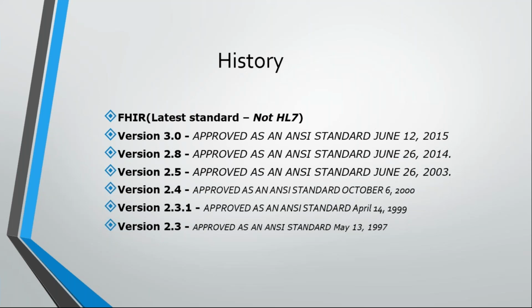You'll see that 90% of the interface implementations are part of 2.x, which is 2.3 or 2.5 or something. But with respect to 3, you will see very, very few implementations. Only a handful of implementations will be on version 3.